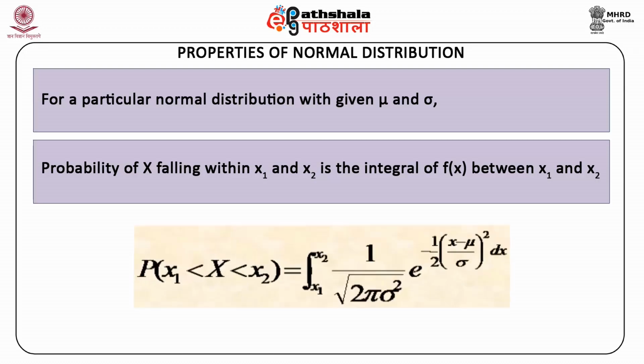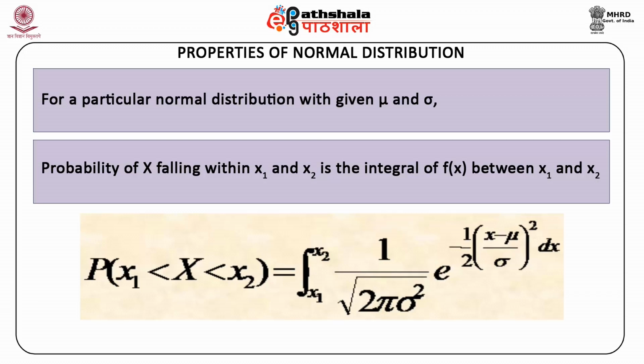That is, probability of x1 less than x less than x2 is equal to integral x1 to x2 1 upon square root of 2 pi sigma square multiplied by e to the power minus 1 by 2 multiplied by (x minus mu upon sigma) whole square dx.